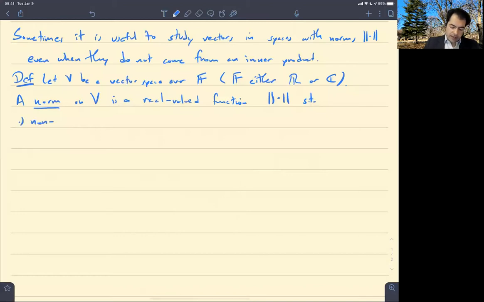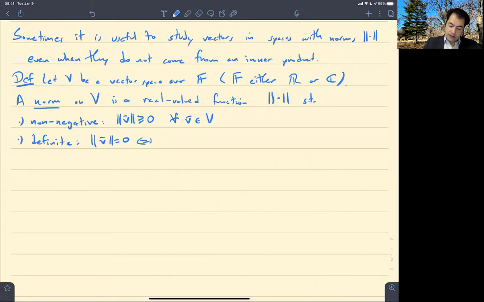It's going to be non-negative. So the norm of a vector is greater than or equal to 0 for any vector in V. It's going to be definite, which means that if the norm of a vector is 0, then that vector is the 0 vector.